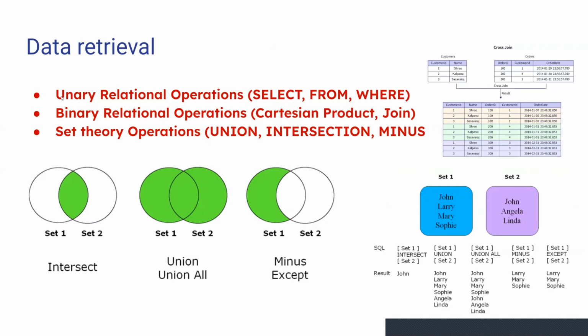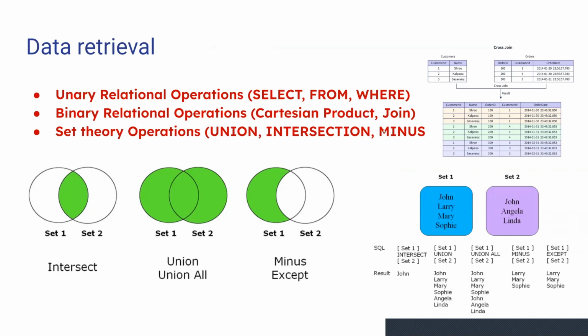We're going to cover the unary relational operations select from where, and then the binary relational operations, the Cartesian product, and then join. We'll actually only get to Cartesian product, and then for set theory operations, minus.